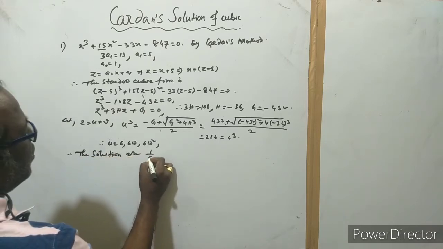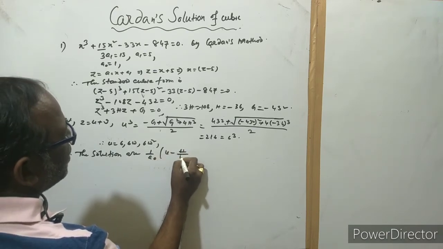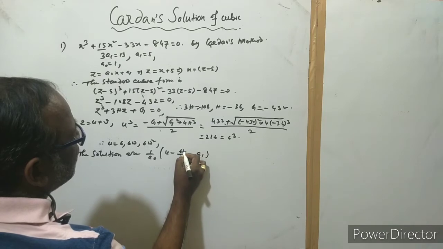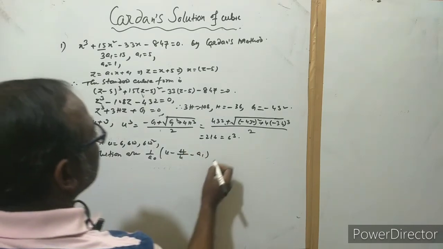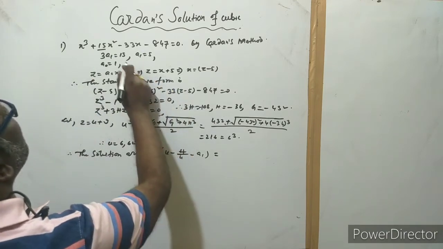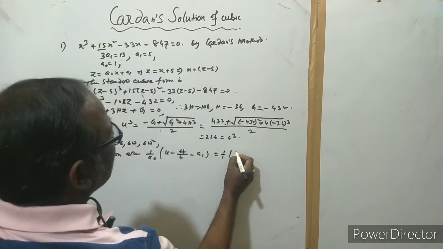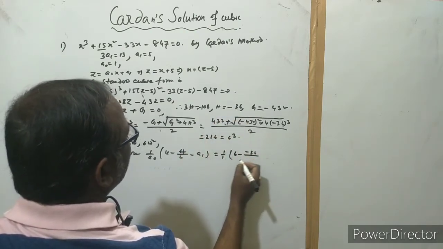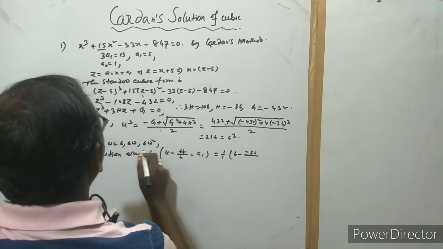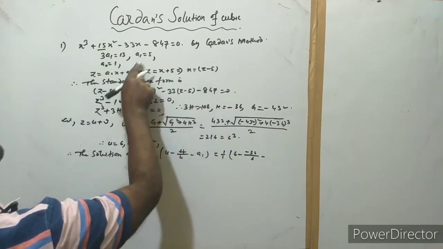From that, the solutions are 1 by a0 times (u minus h by u minus a1). This is the first solution. So a0 means 1, u means 6, h means minus 36, by u means 6, and a1 is 5.